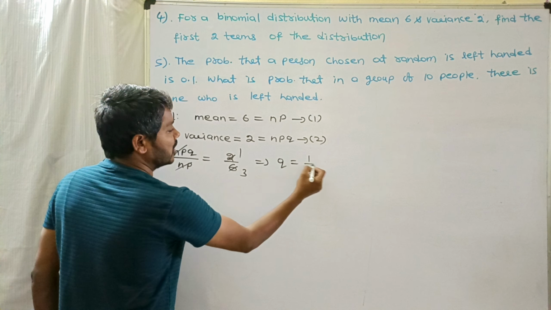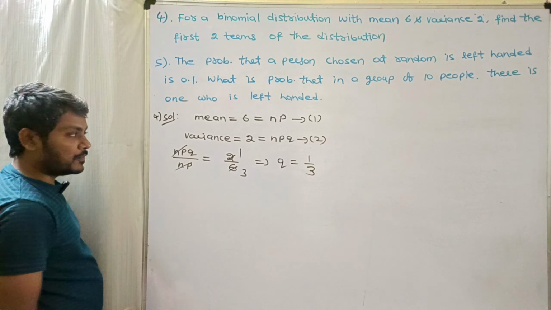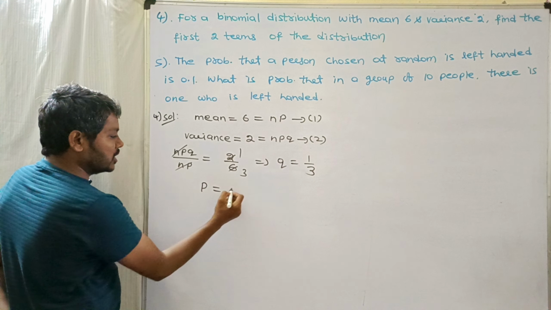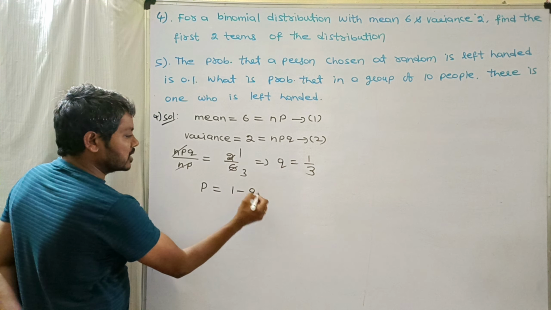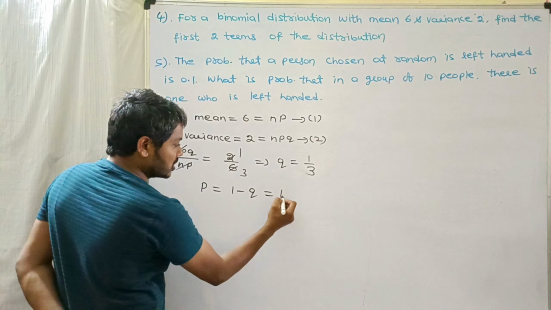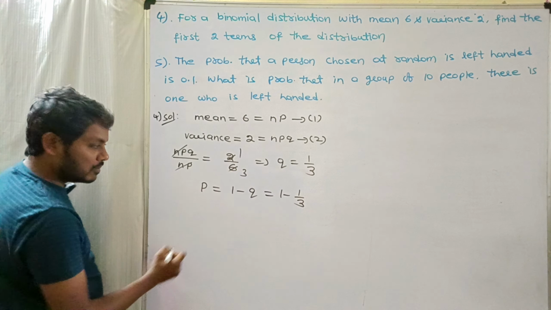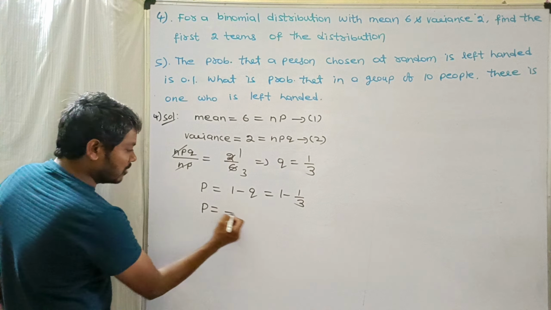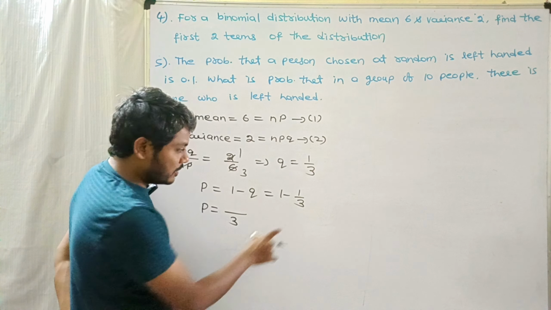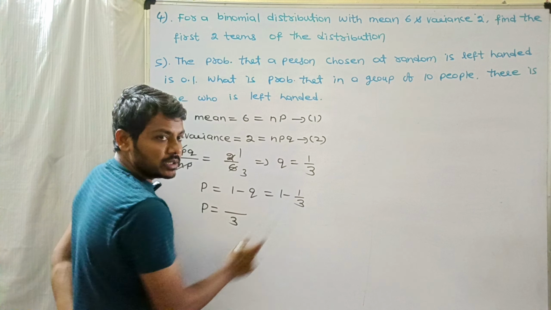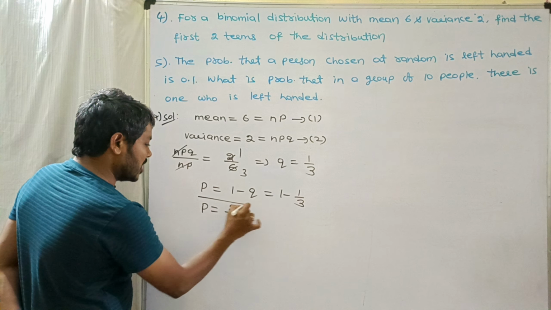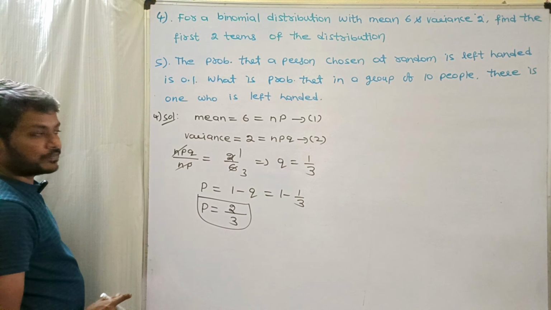Therefore q equals 1 by 3. From this, p is equal to 1 minus q, which is 1 minus 1 by 3. The LCM is 3: 3 minus 1 is 2. So the value of p is 2 by 3.